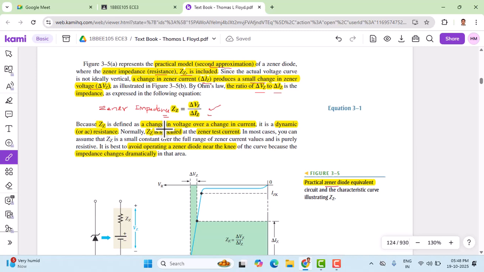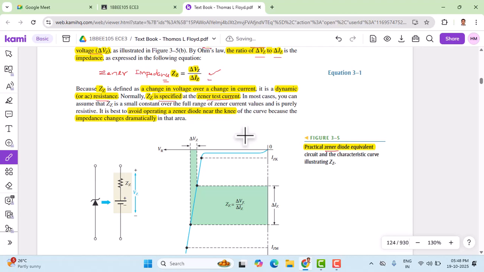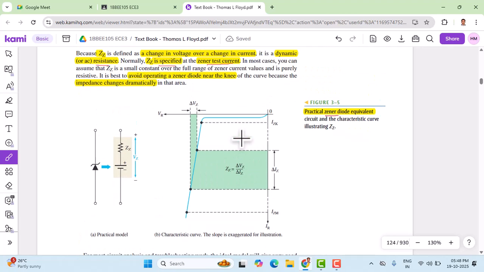ZZ is defined as a change in voltage over a change in current, and it's a dynamic resistance, also called AC resistance. Normally this ZZ is specified at a Zener test current, as we have seen in the curve. This is the Zener test current. In the middle of this region we can have a delta IZ, which is the range where we can measure the change in the Zener current.